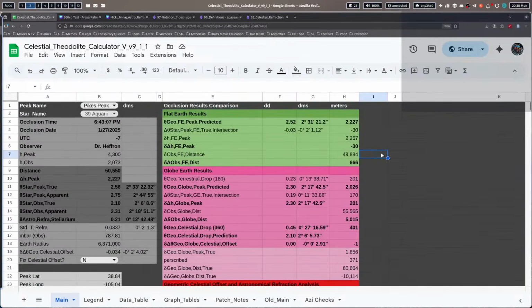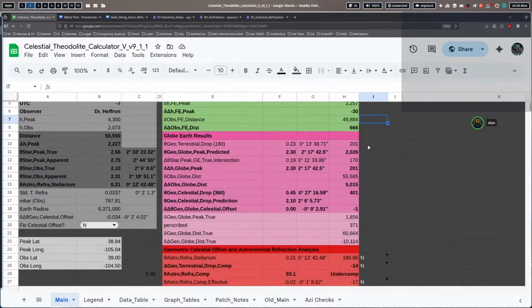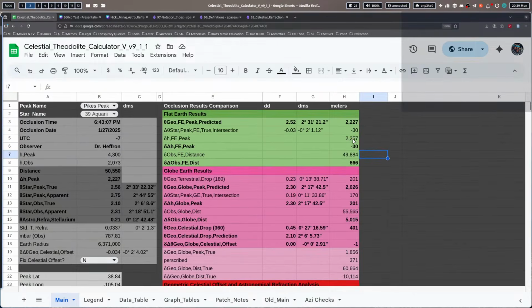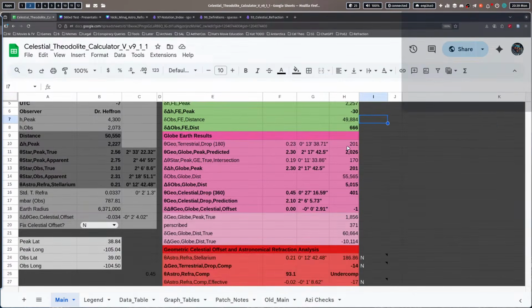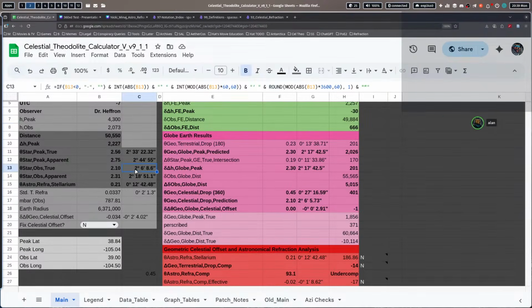And then suppose there was no peak there, right? Suppose we were just looking at the raw star and we were like, hey, that star, how much refraction is there? Well, they would go, oh, well, relative to our distance, its true position is 206, and there's 12 arc minutes difference between the true and apparent there.